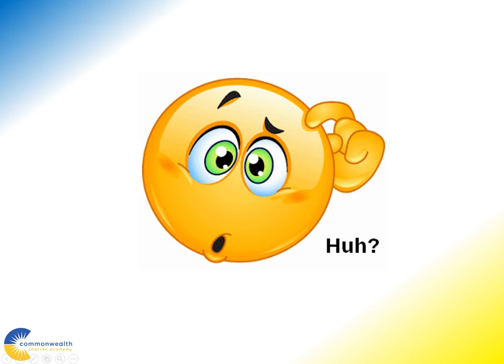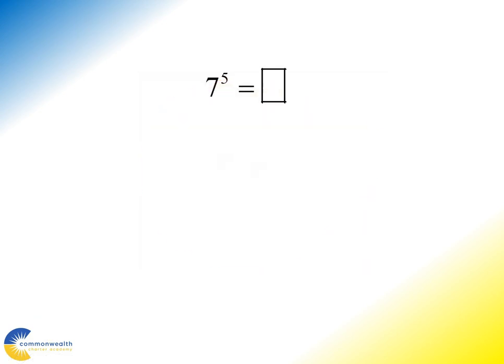Sorry, that's incorrect. 7 to the fifth power means I'm going to have 7 multiplied to itself 5 times. And now there's different ways you could group these multiplications together. So what I'm showing here is not the only way of organizing it. But I took this pair of 7s being multiplied and this pair of 7s being multiplied.